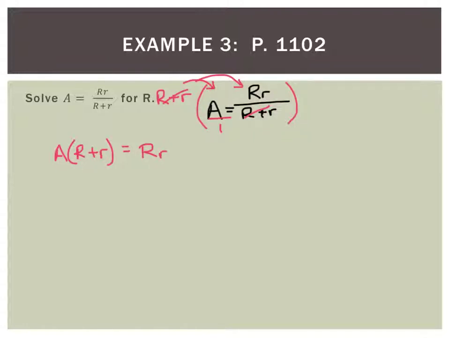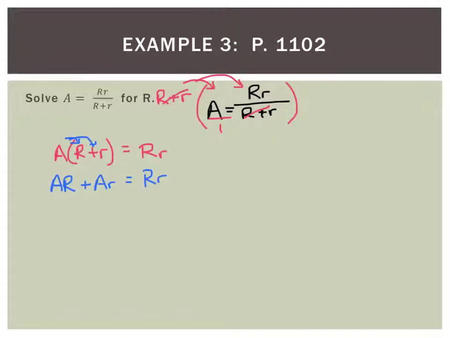Remember, I'm trying to solve for capital R, so the next thing I'm going to do is distribute the A, so it's going to be A times R plus A times lowercase r equals Rr.